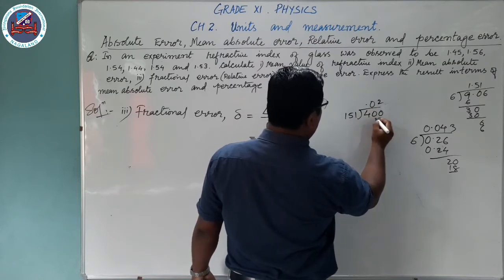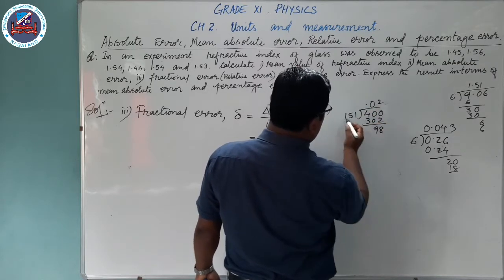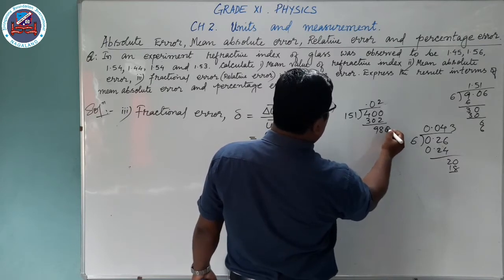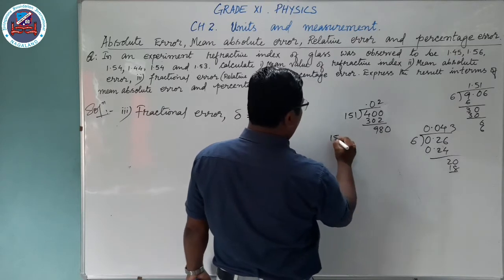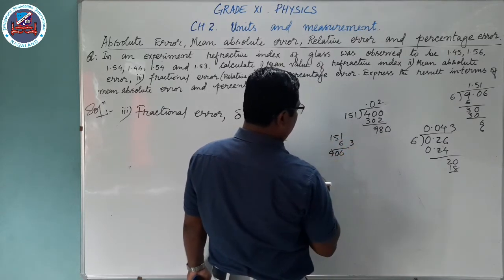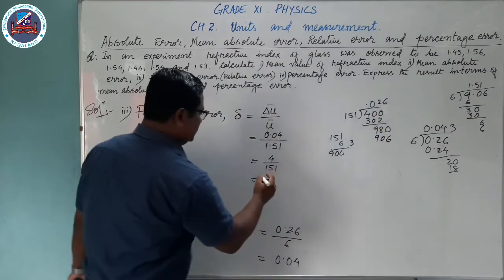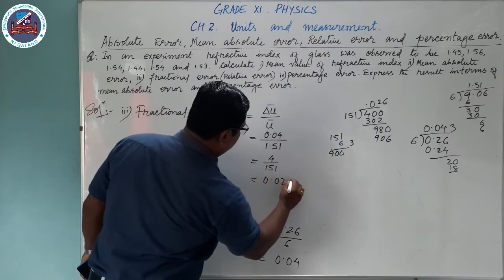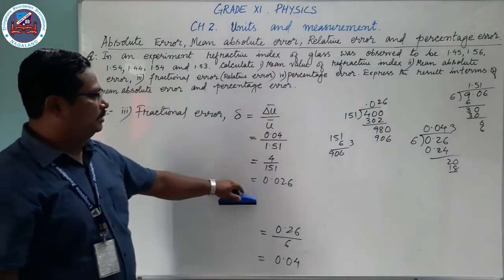Then 6 times it will come, 906. You can write this as 0.026. This is your fractional error.